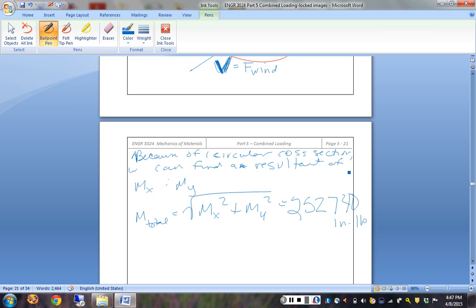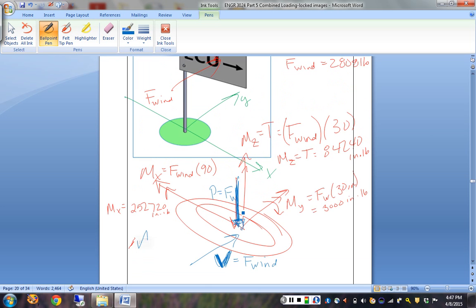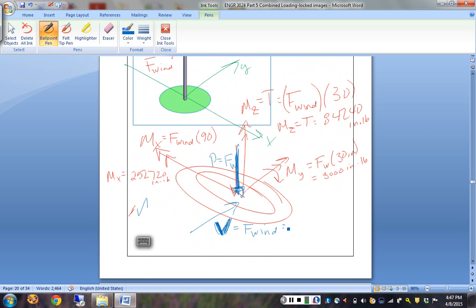Now, how is it that that works? How is it that we don't care about the direction? I'm about to explain that because of the various magnitudes. How big is this shear force? V wind, or the F wind, is how big? 2808.